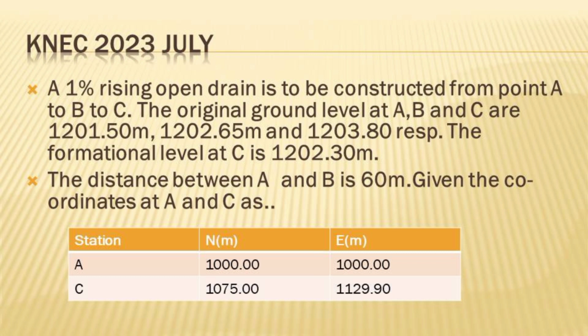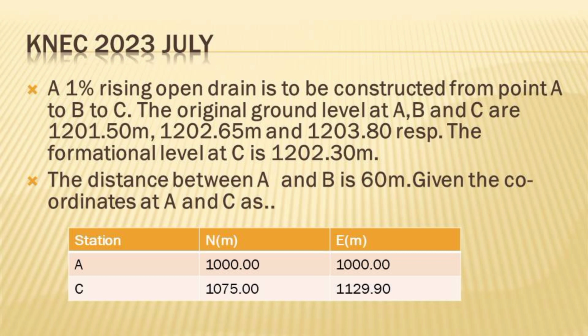The formation level at C is 1202.30 meters. That is the formation level, and in simpler terms, that is the invert level.